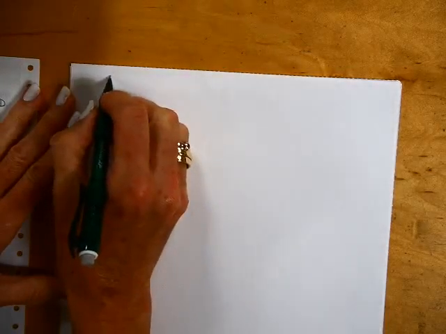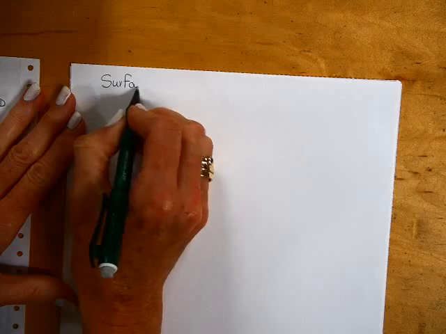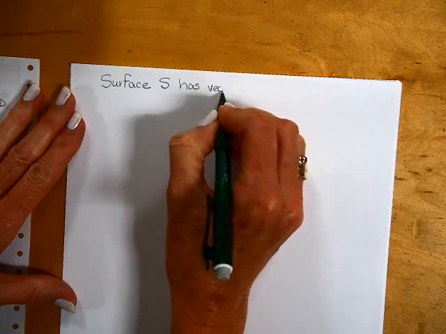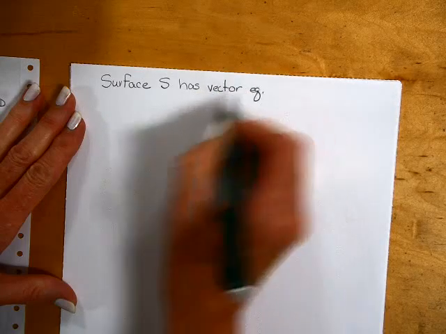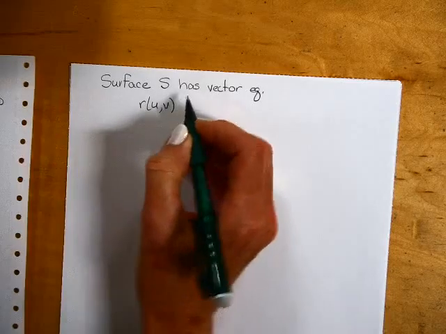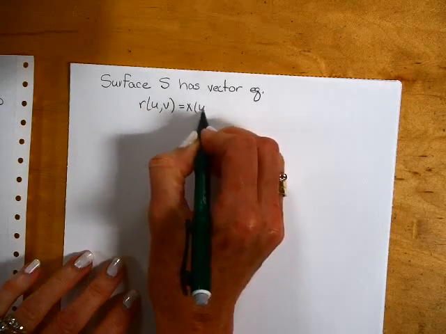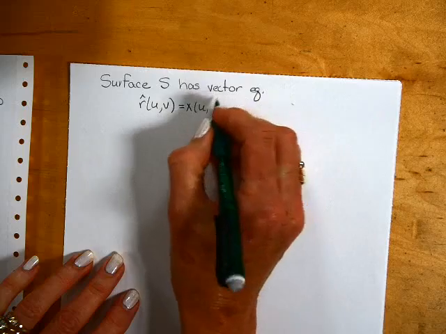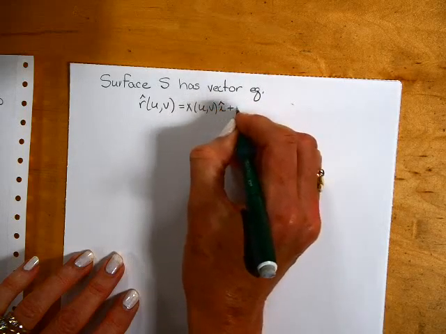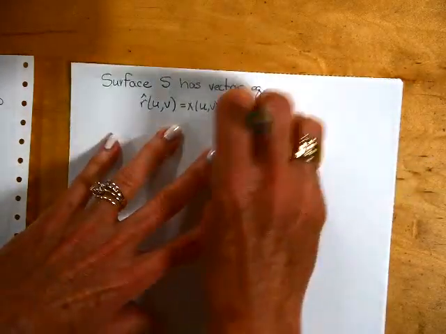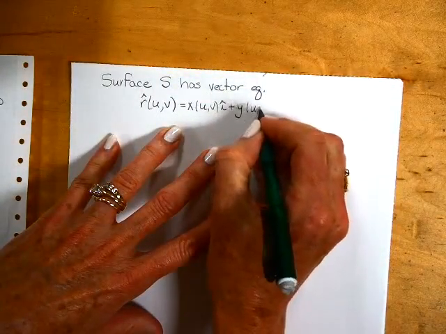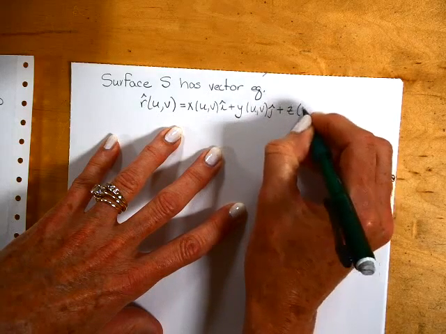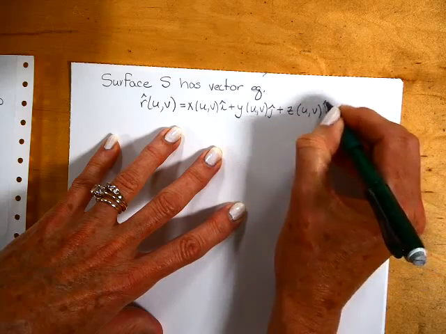So the surface S has a vector equation R of u and v, where x of u and v, y of u and v is your j, and z of u and v is your k component.